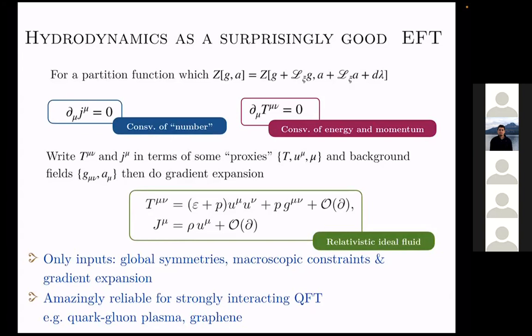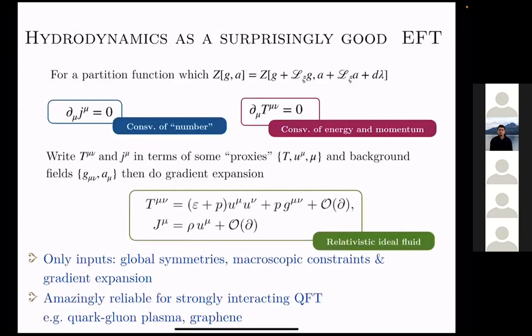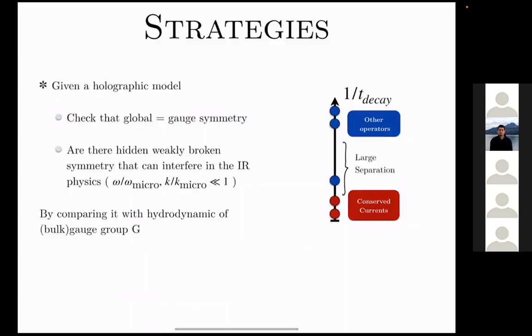Okay. But there are actually many limits of a plasma. The magnetohydrodynamic limit is when you look at only the conserved current, basically in this picture, and not at other, almost weakly broken symmetries.